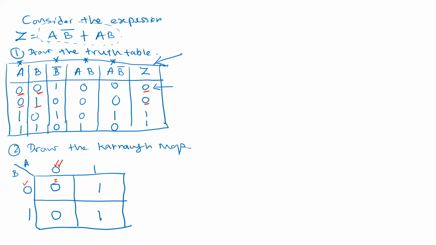Next, the value of A is 1, the value of B is 0, Z is 1. Okay. The value of A is 1, the value of B is 1, Z is 1. Clear? Looking at the table above, I filled in the one below. Right?